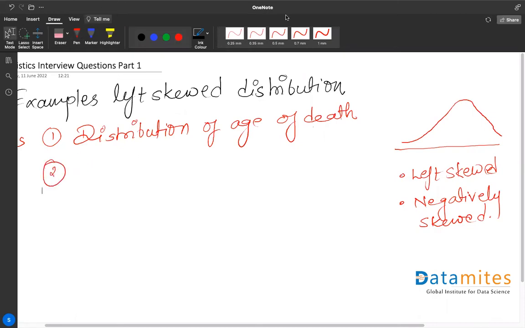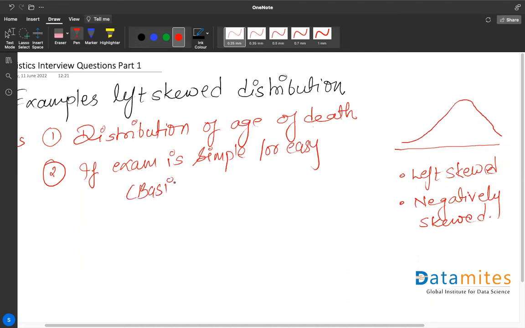This answer was given by Prashant: left skew, exam scores for a relatively simple exam. If the exam is simple or easy, say a basic Python exam is going on, you will end up having a left skewed distribution because mostly people will pass.